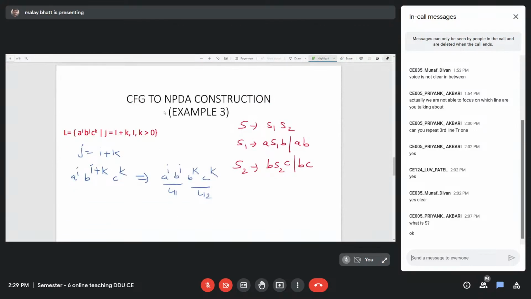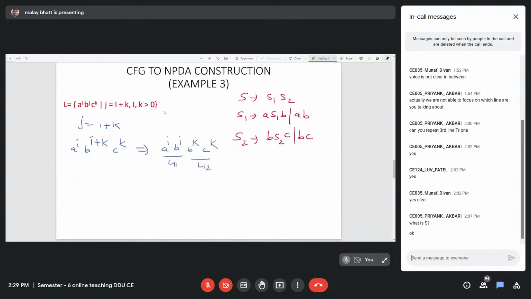Similarly, we can apply this kind of technique for this kind of grammar. I hope it is clear that we have this well-known language, a raised to i, b raised to j, c raised to k, where j is equal to i plus k. So what is the rule? You should know the correct grammar. If you know the correct grammar, you can easily apply this method.